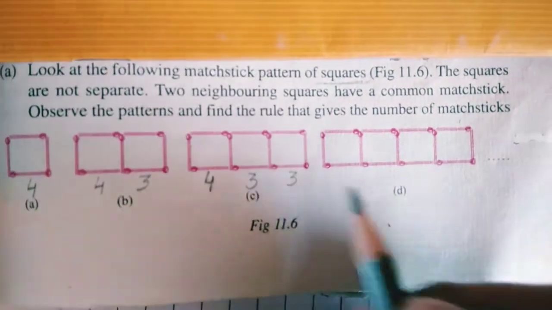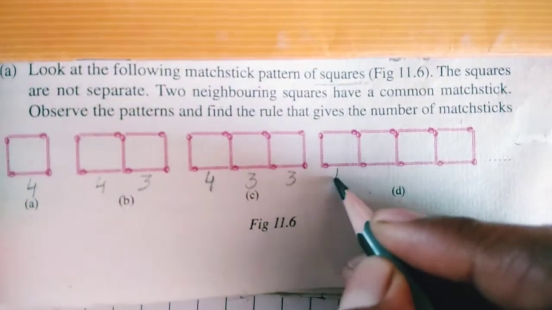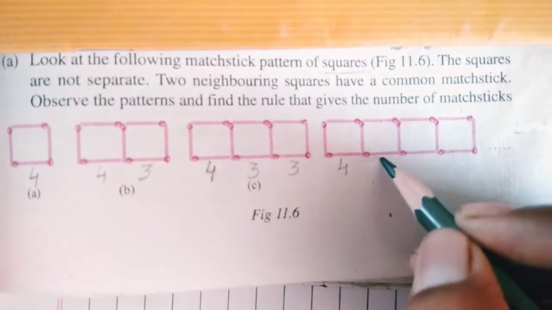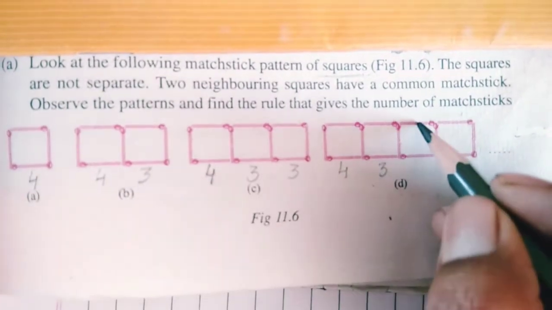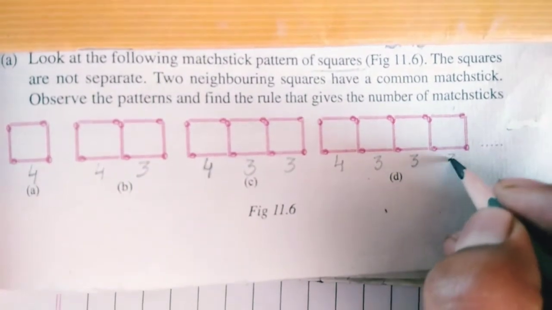In D1 again the first square has 4 matchsticks and the next ones each have 3 matchsticks.